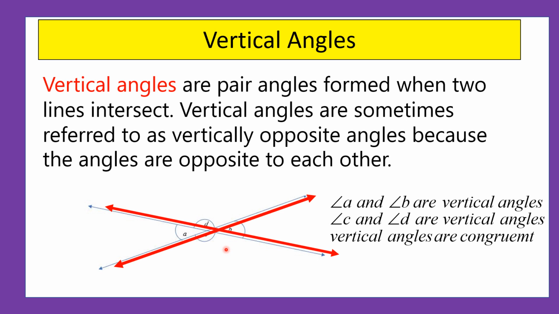We have angle C and angle D. Angle C and angle D are vertical angles. So vertical angles are congruent. It means that the measure of the two angles, angle B and angle A, are the same, and the measure of angle C and angle D are also the same.